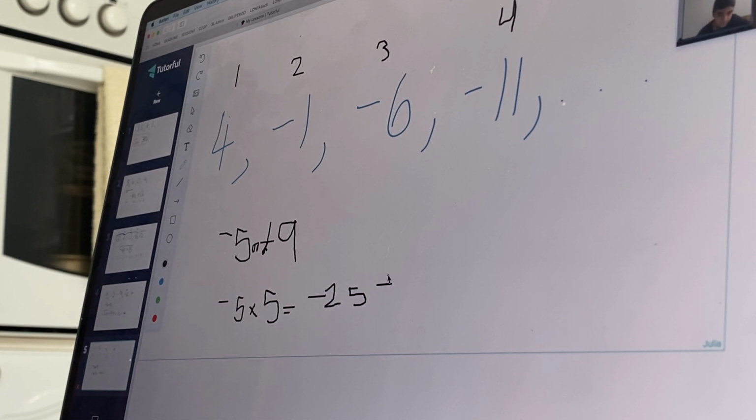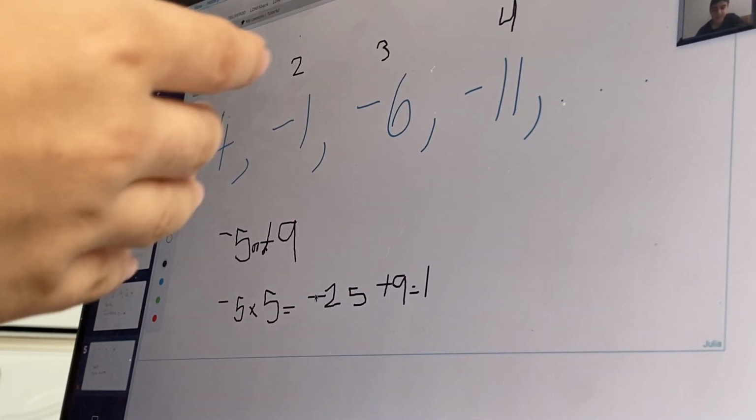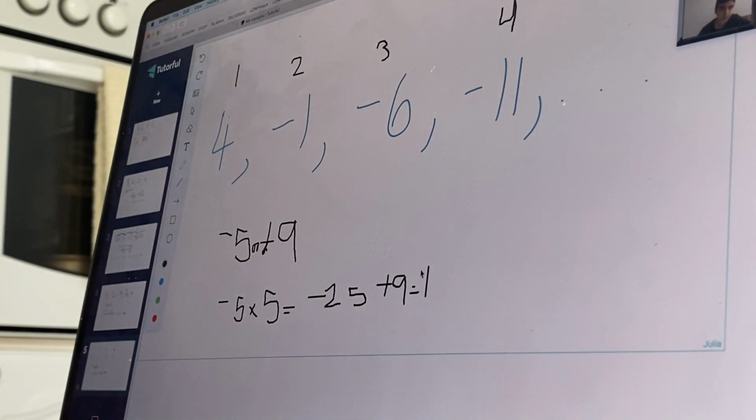Add 9, good. Is 34? It's 30. Not quite. So you're adding... is 14? Not quite. 10 take away 16. Yeah, negative 16. Negative 16. Perfect. Well done.